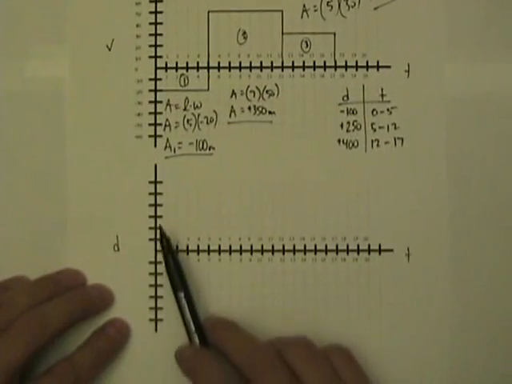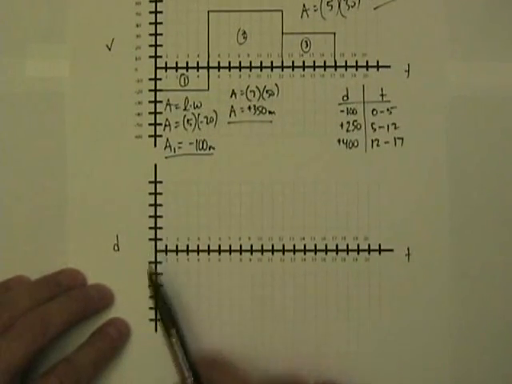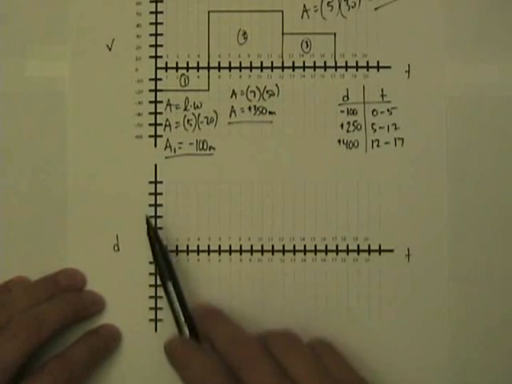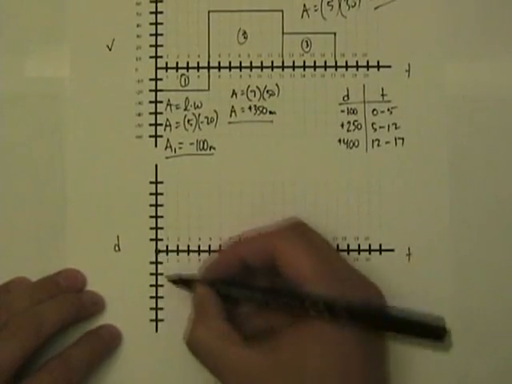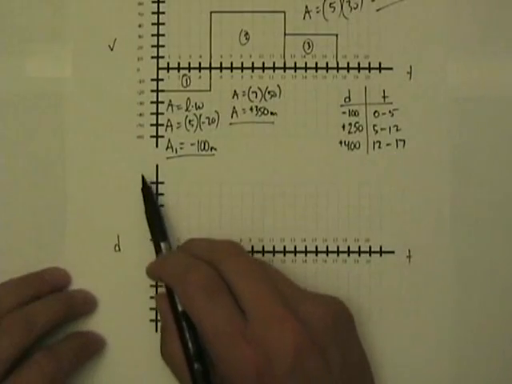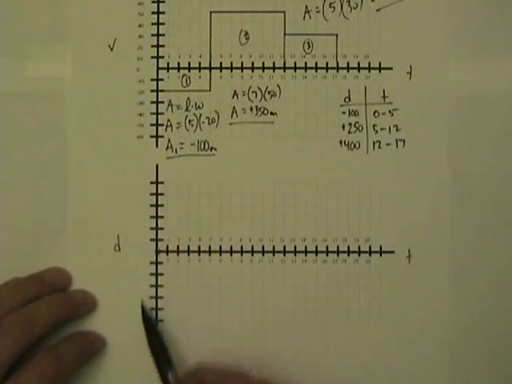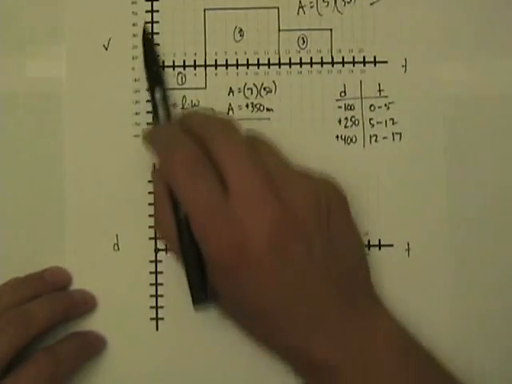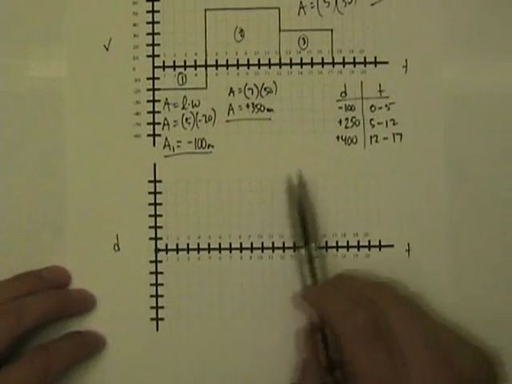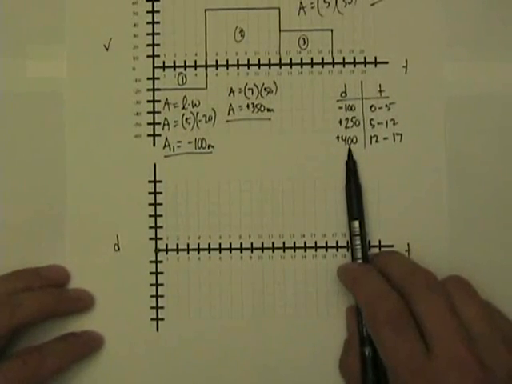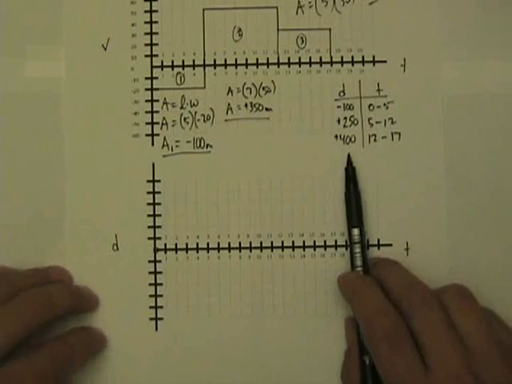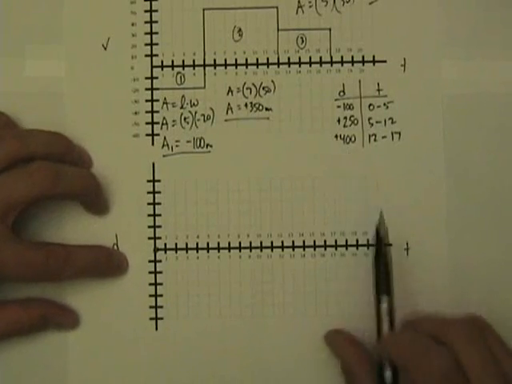Now, unless you're otherwise told that you're starting at a specific place on the displacement axis, you're always going to start at 0. You'll notice that we also have no vertical axis here. We just have it blank, whereas we had numbers up here. So we have to add them in, and you go, well, I'm going from minus 100 up to 400. So for these, I'm just going to go by hundreds.